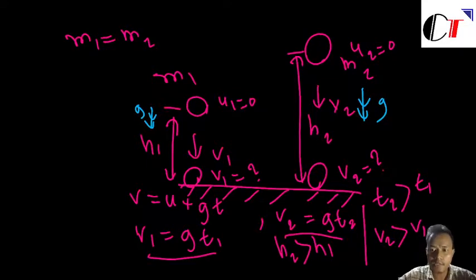But if one object is located higher than the other object, it has to travel a longer distance. So it takes longer time, and that is the reason when they hit the ground, if you compare the speed, the object with the higher initial location will have higher speed when they hit the ground. Right. So I hope you got those two points.